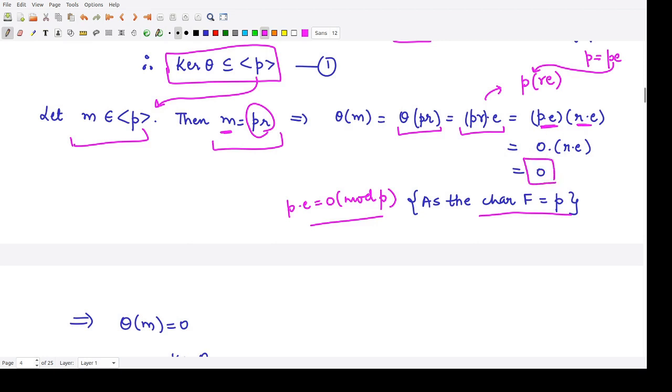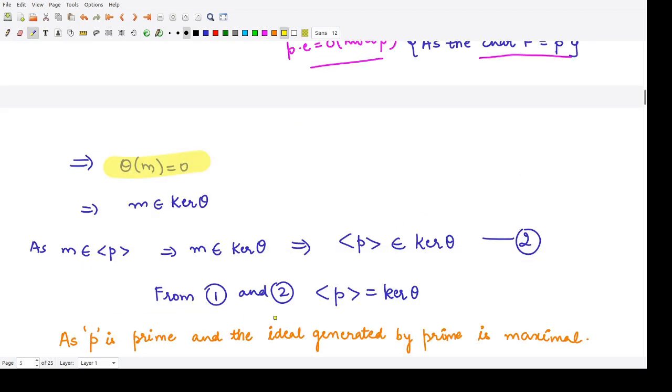So from here we say that if you take any element from the ideal generated by P and you apply theta onto that, you would have this to be 0. So that means you obtain theta of M equal to 0. So theta of M is equivalent to 0, and this becomes the definition for the kernel of theta.